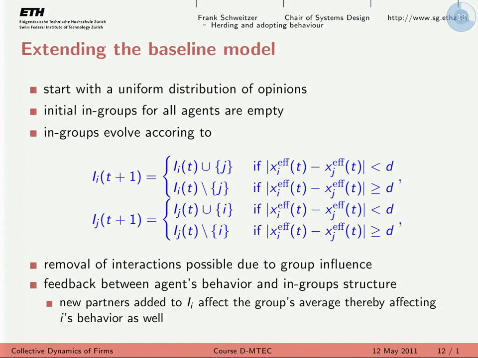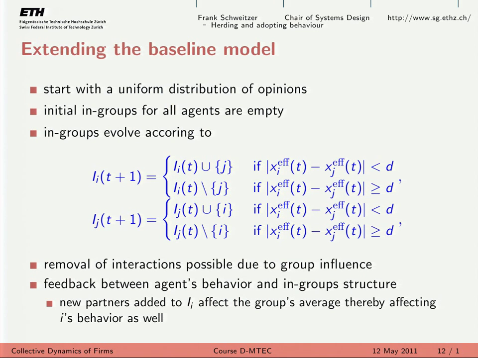So the next slide, in a very complicated way, just summarizes what I said here. That's a mathematical formulation of after we interacted, I add you to my in-group, and if we didn't interact, I don't add you to my in-group. But it also says I remove you from my in-group if you were previously in the in-group. That's also important, right?